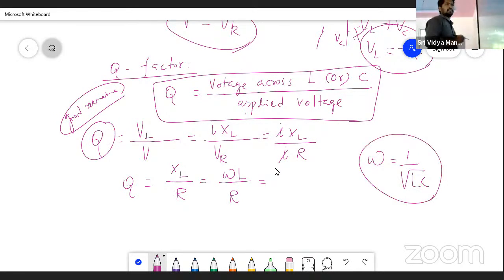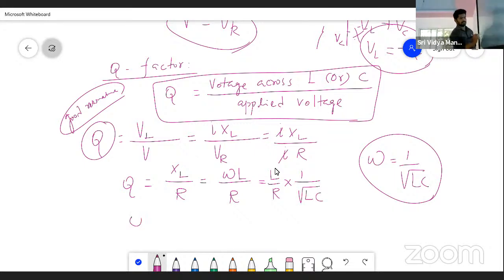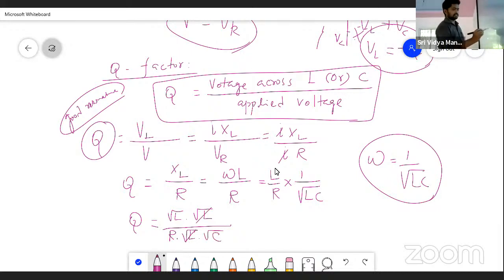So Q is equal to L divided by R into 1 divided by square root of LC, that is root L into root L divided by R into root L into root C. So root L cancels. So Q is equal to 1 divided by R times the square root of L divided by C.